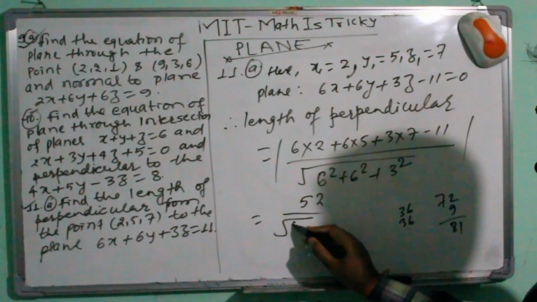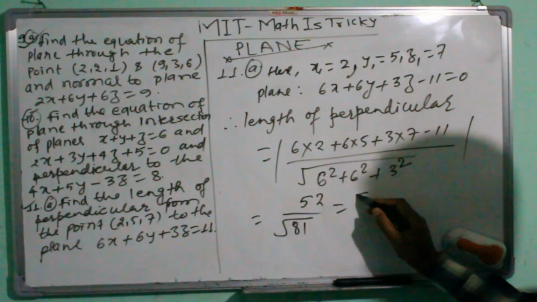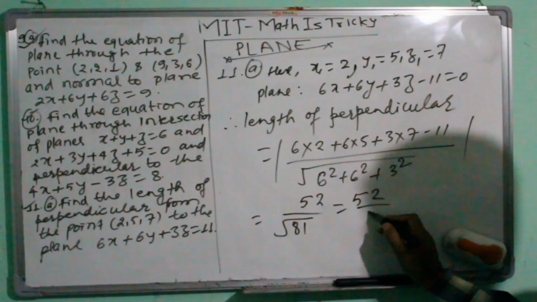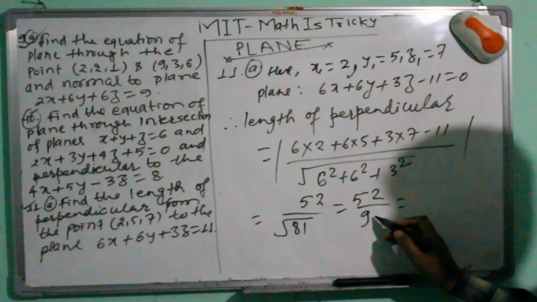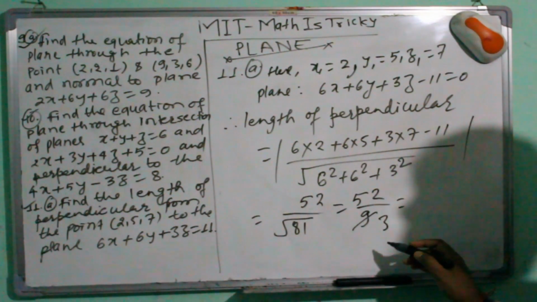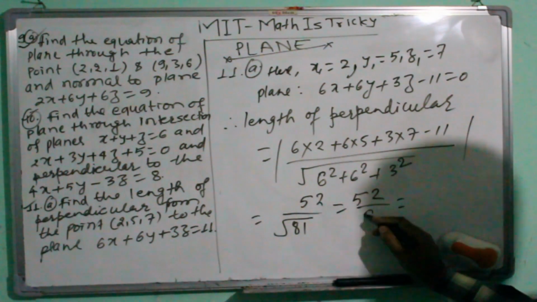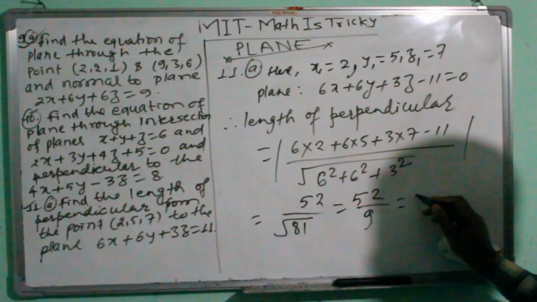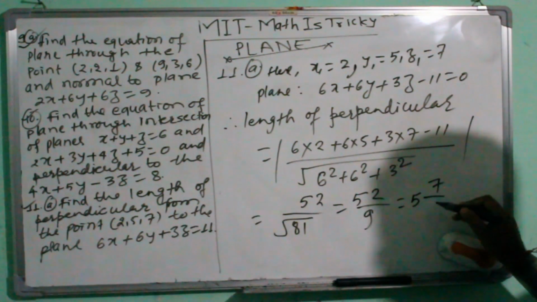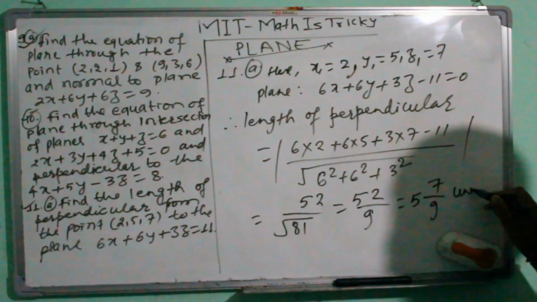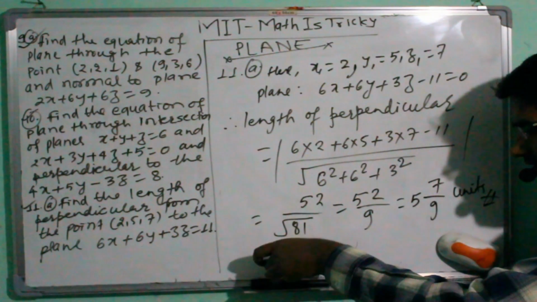Square root of 81 is 9, so it gives 52 by 9. 52 by 9 is 5 and 7 by 9 units. This is our answer. Hope you understood this.